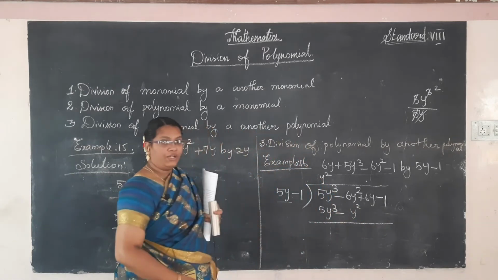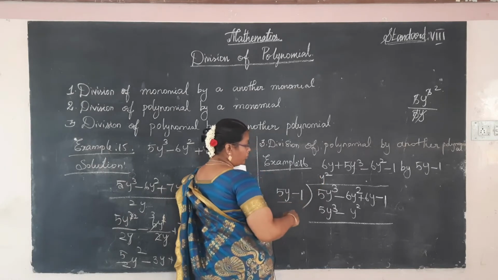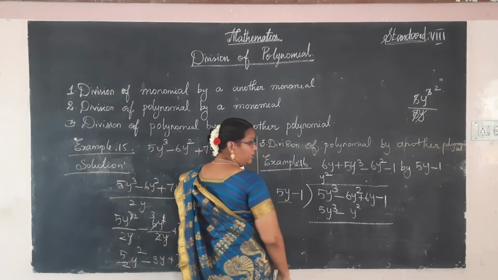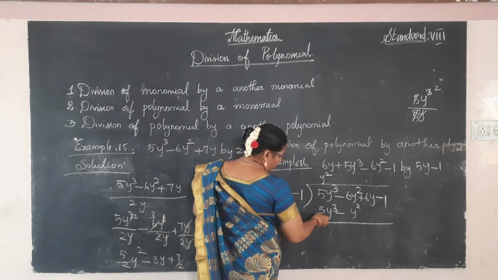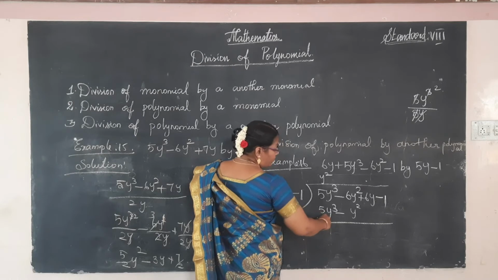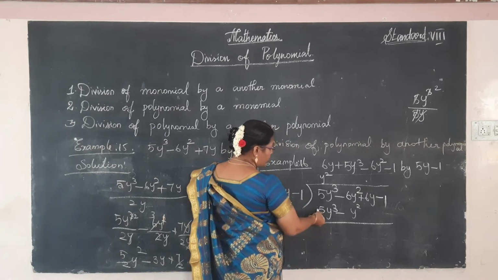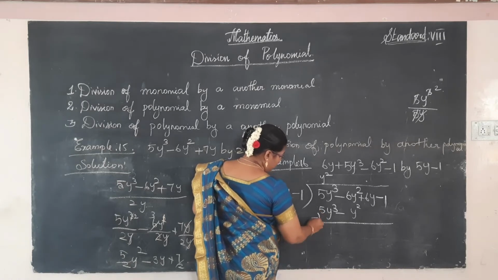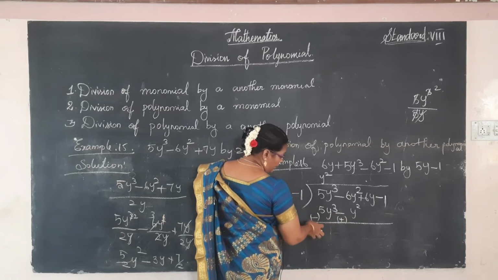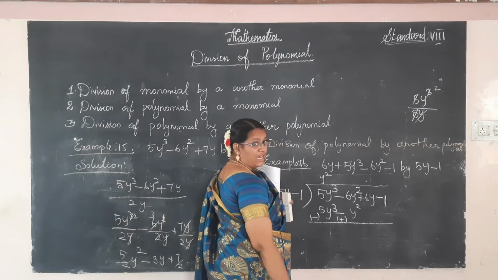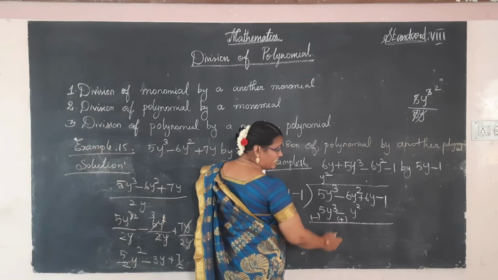In division, first multiply the divisor by the quotient, then subtract. So we write the additive inverse. What is the additive inverse of plus? Minus. We have changed the signs within the bracket only.